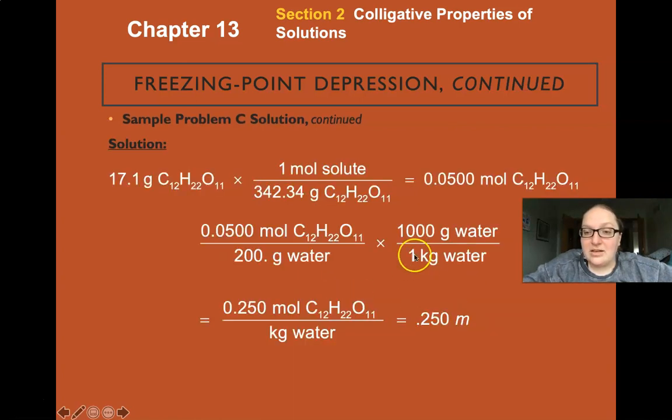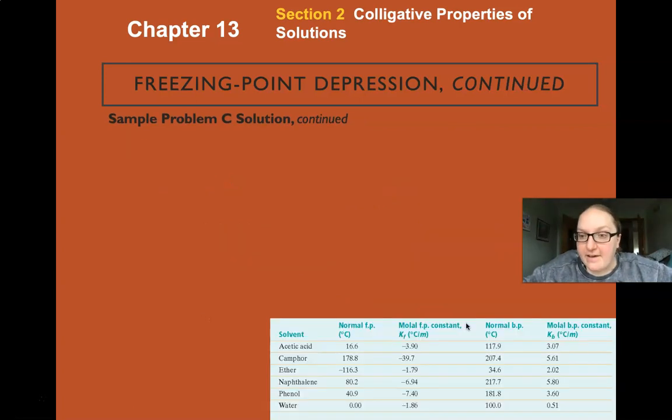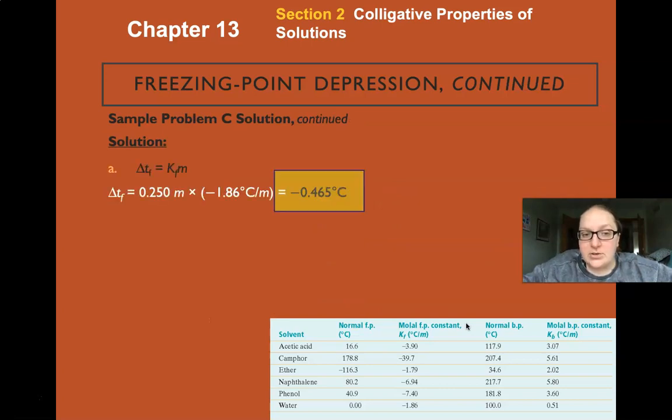Remember that you can cross off what you don't need. So the grams and the grams get crossed off here, and then we're left with moles over kilograms, and that gives us 0.25 molal as far as the molality of the solution. So that's the first part. The next part is to do the delta TF calculation. In order to do that, we're going to take our molality of the solution and multiply by KF.